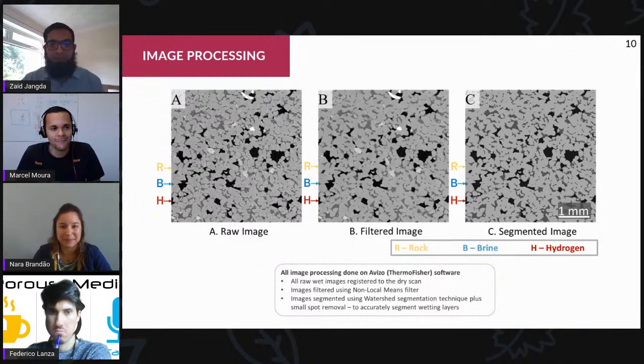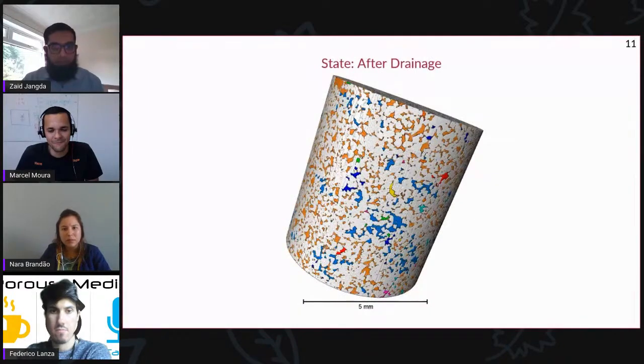But I hope people who work with imaging software can probably relate here as well. So we took each data set and then filtered and segmented it to take out the hydrogen and brine phase from each image. And once we had the results, I'll just show you one example of the 3D visualization that we got.